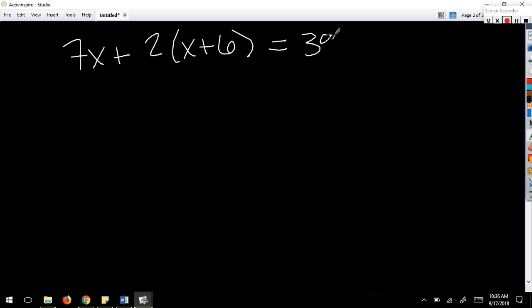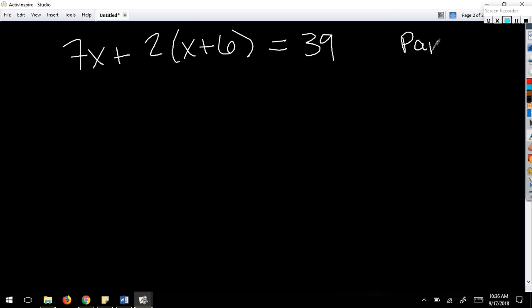My question is, is the left side simplified? I see some parentheses there, because inside the parentheses is a variable.